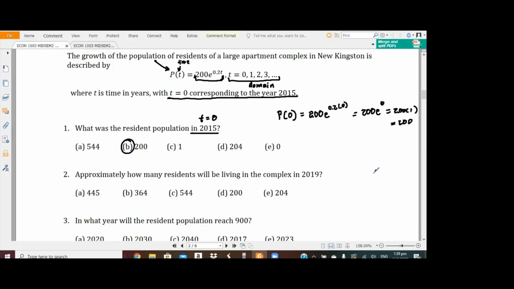Cool. Now it says approximately how many residents will be living in the complex in 2019. So what you have to figure out now is which value of t corresponds to 2019. If I look at t equals 1, it's 2016. And how would I move from 2016 to 2015? I basically subtract. t equals 2 corresponds to 2017.